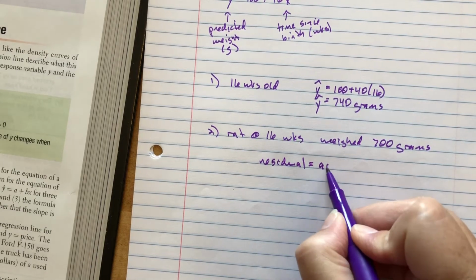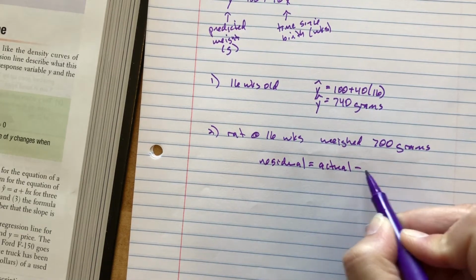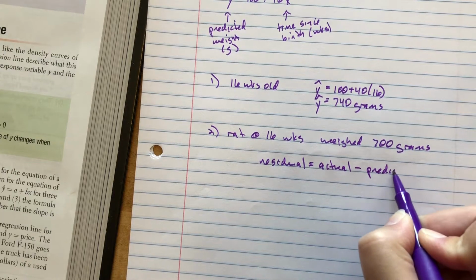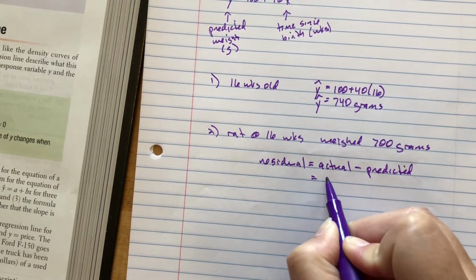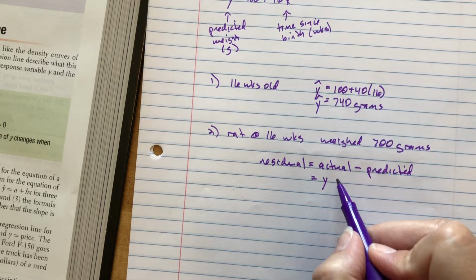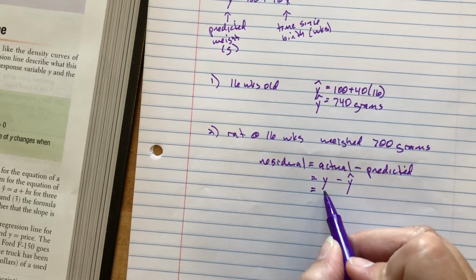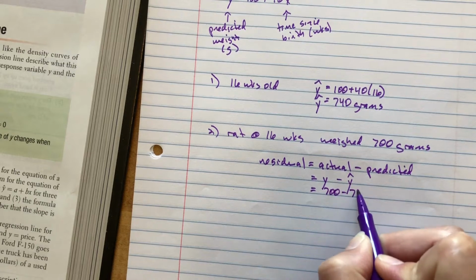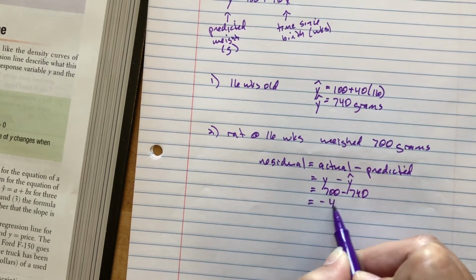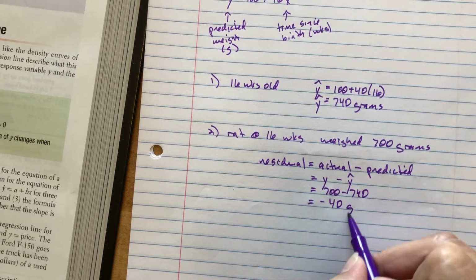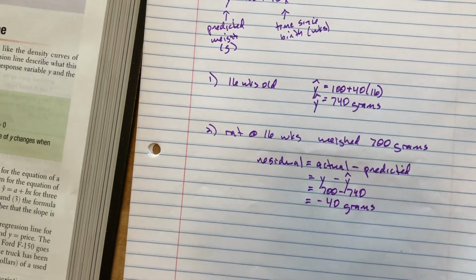It's the actual weight minus the predicted weight. It's the y, the actual, minus the y hat, the predicted. So my residual here will be 700 minus 740. So my residual is negative 40 grams. There's a difference of 40 grams.